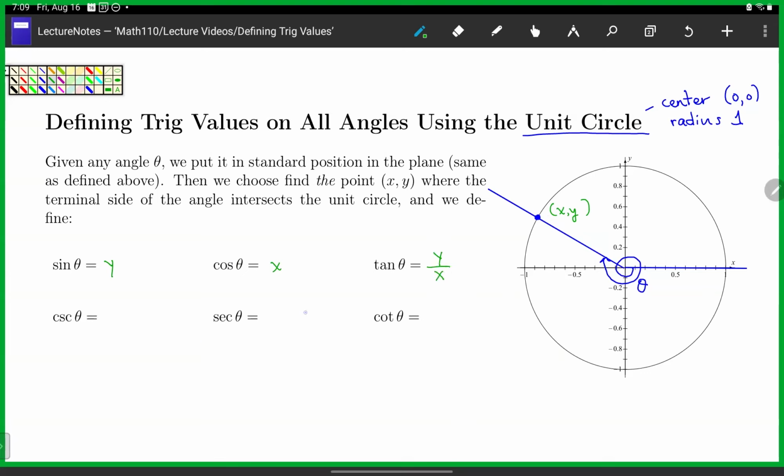And again, these are the reciprocals. Cosecant is going to be 1 over y, secant is going to be 1 over x, and cotangent is going to be x over y.